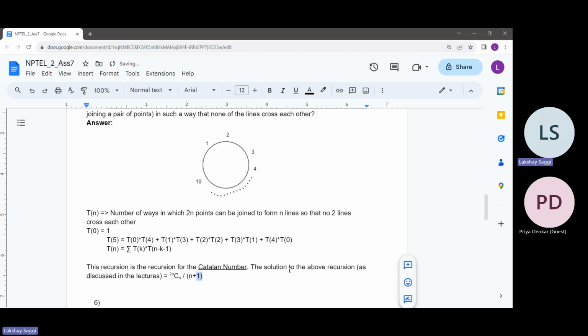Or there's a better way to write it, 2n choose n, divided by n plus 1. This is what we call the nth Catalan number.